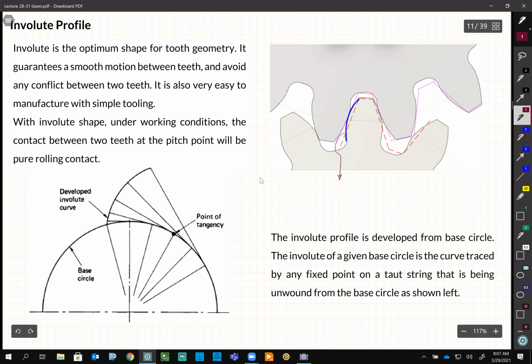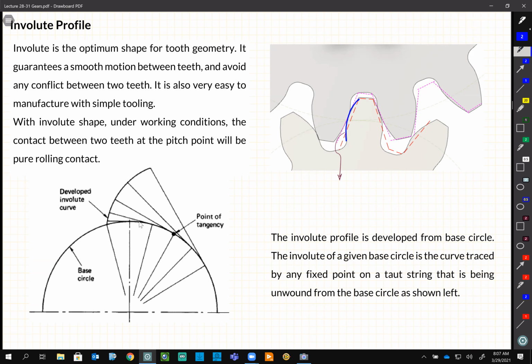And mathematically, they found that, look at the picture at the bottom left corner, if you have a graph like this graph here, let me draw it in red.